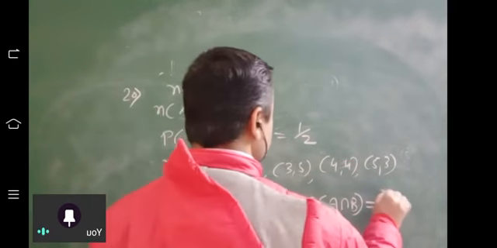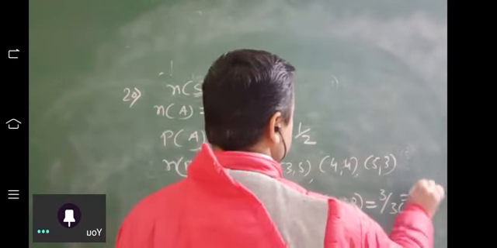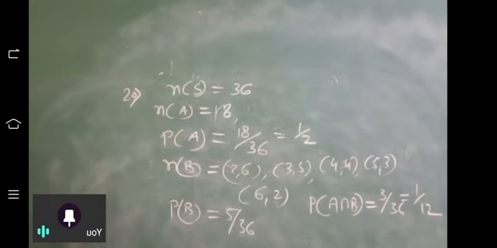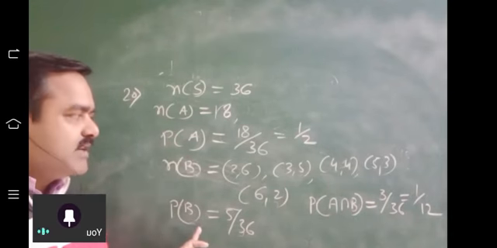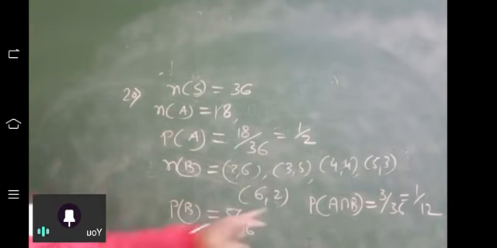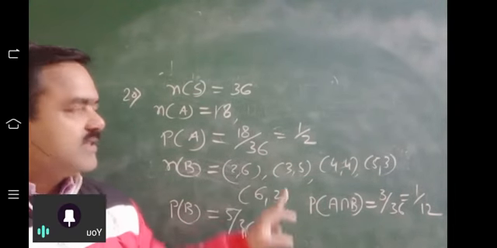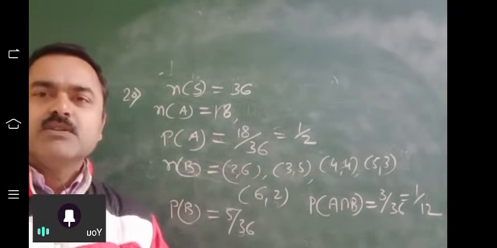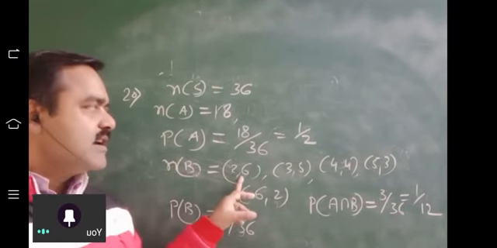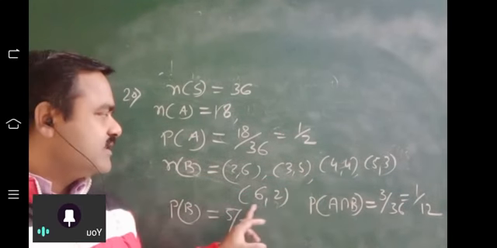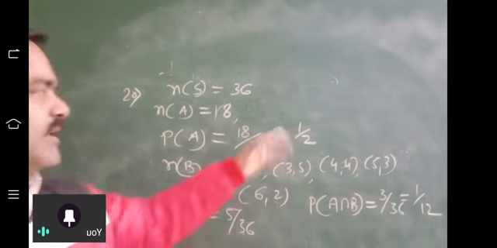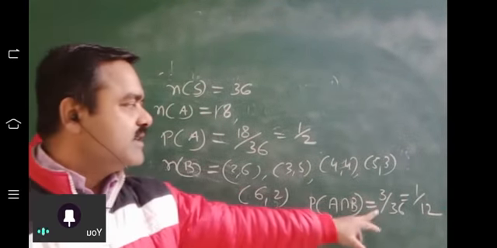So 3 upon 36, that is 1 upon 12. Now we have determined the probability of A, probability of B and probability of A intersection B. In A intersection B we counted those whose first die is even and whose sum of both dice is 8: 2 6, 4 4 and 6 2. So 3/36, 1/12.